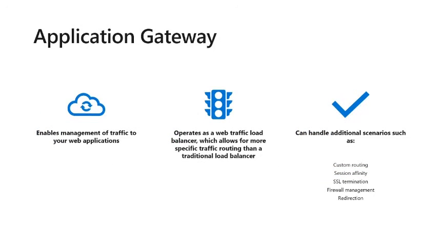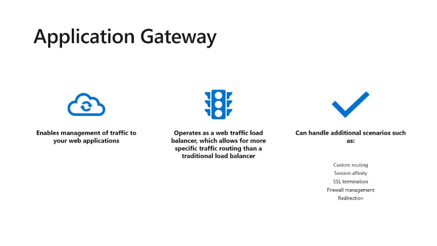Application Gateway. Another important thing, Azure Application Gateway is a web traffic load balancer that enables you to manage traffic to your web applications by routing based on more criteria than a traditional load balancer. This type of routing is known as application layer load balancing.